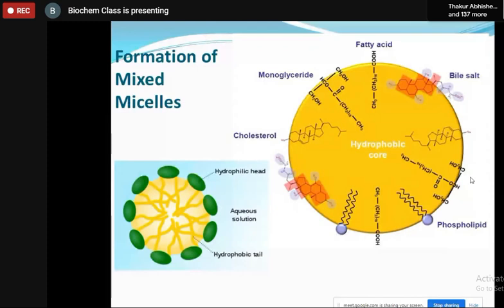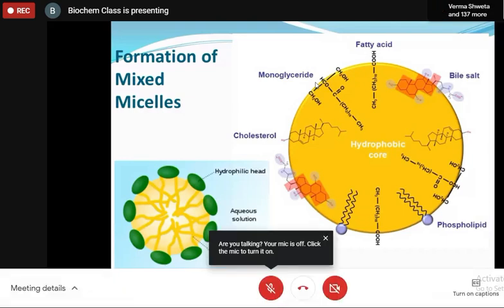These mixed micelles are made of cholesterol and other lipids. These molecules are arranged in such a way that their hydrophobic parts are directed inward.